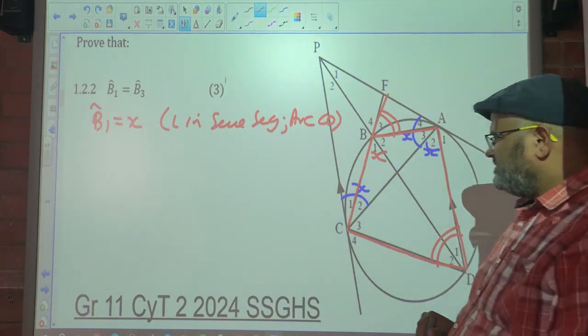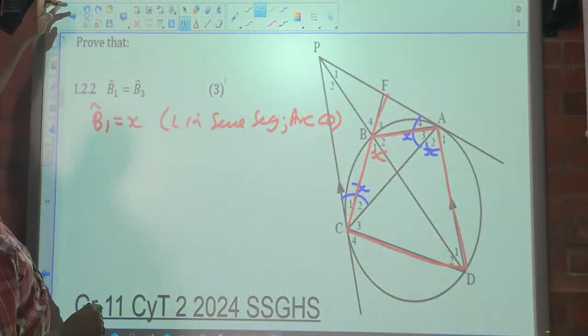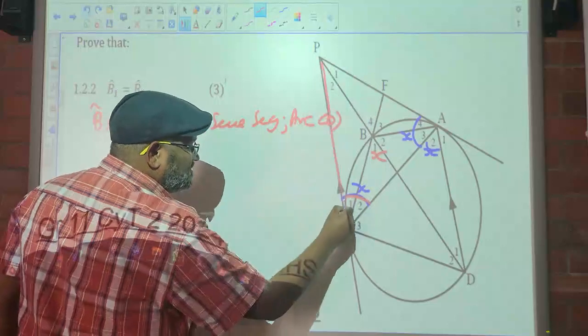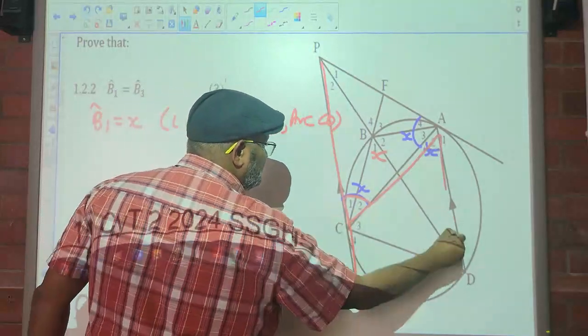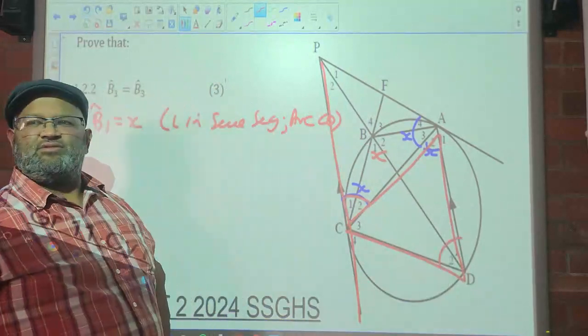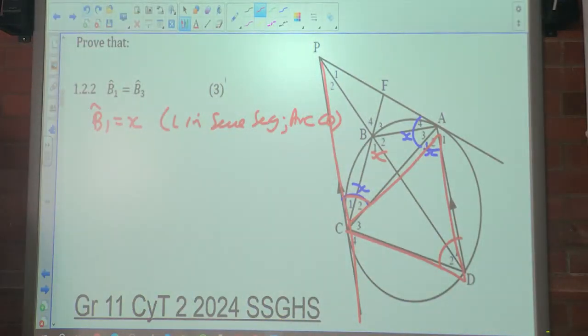I say, hang on. This is an exterior angle. This is a tangent here, not so? So is it not that C1 and 2 is equal to D1 and 2? Why? Tan chord theorem. So let's go with that story.